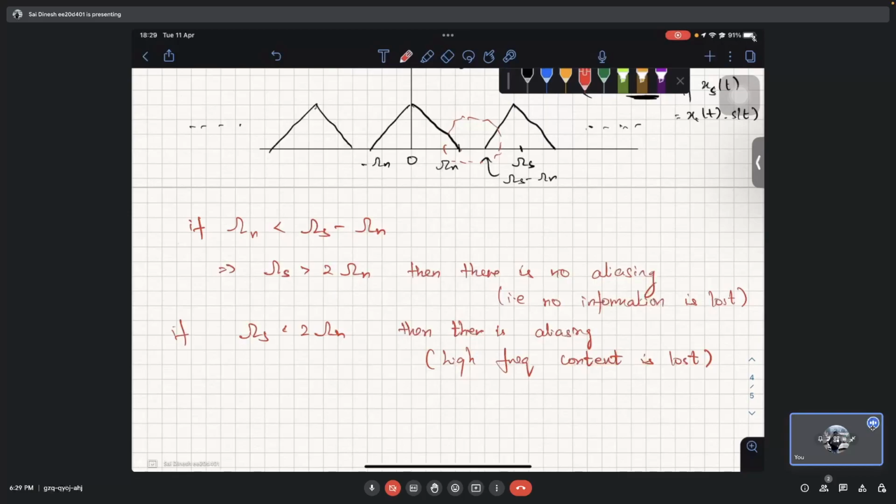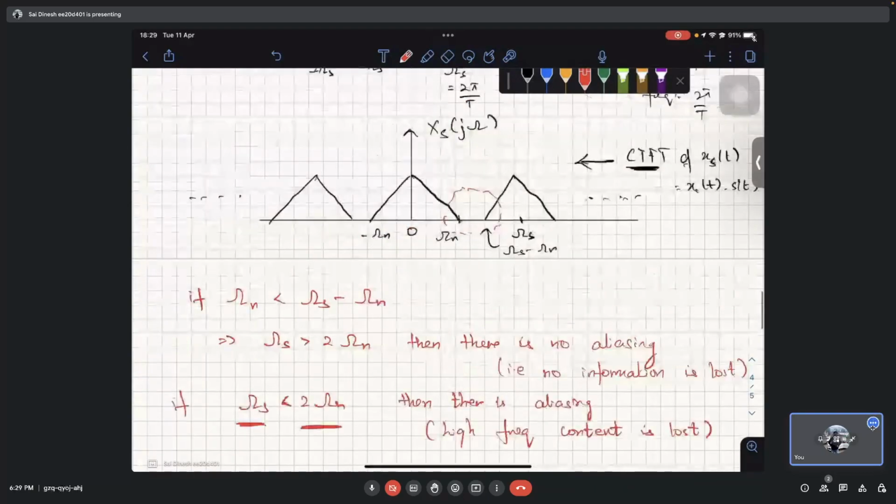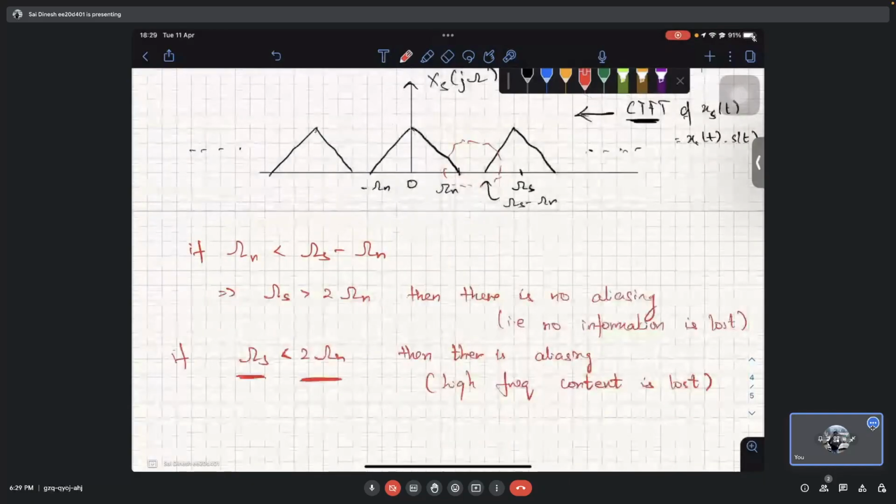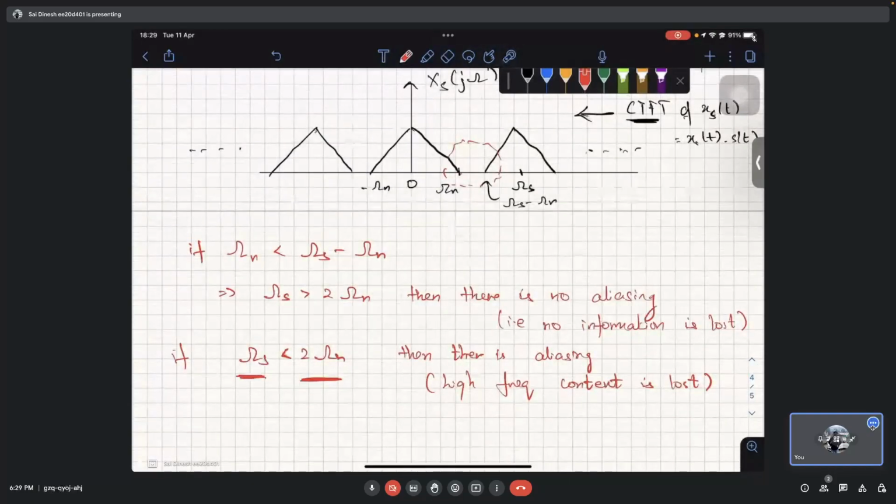So what does this mean? As I've told earlier, the sampling frequency should be greater than twice the maximum frequency of the original signal.